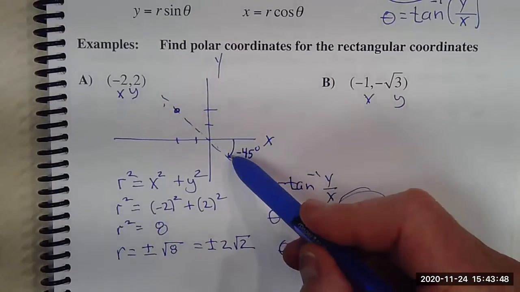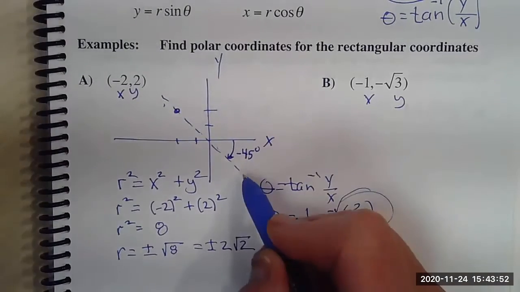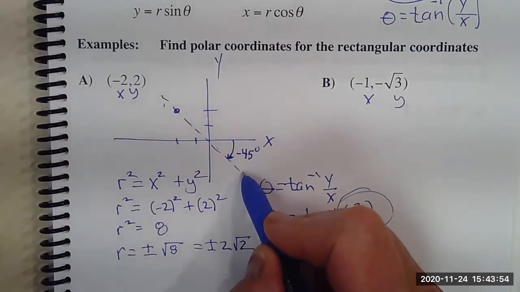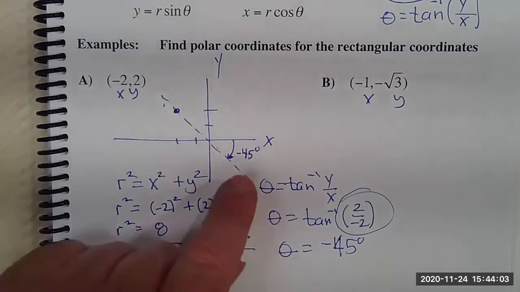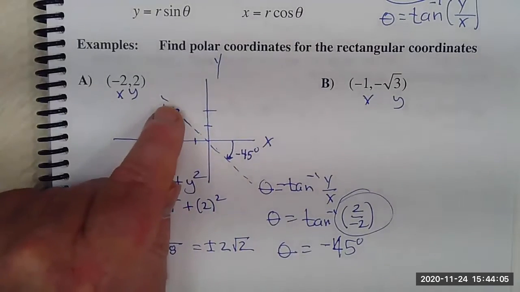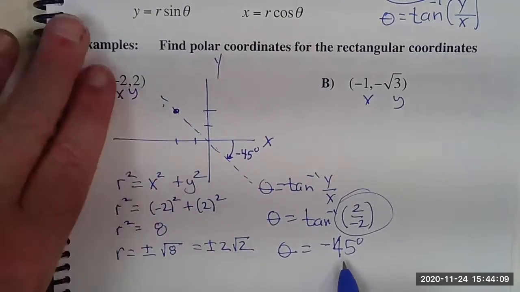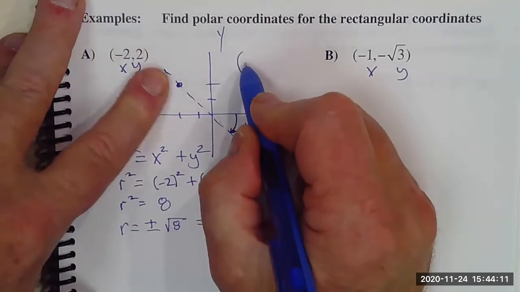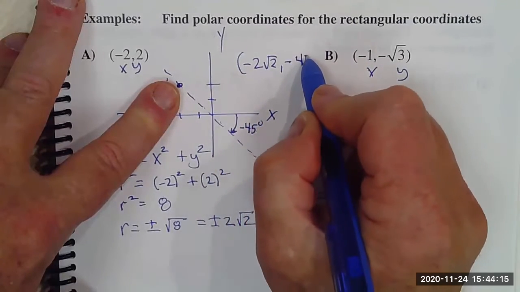Okay, you're right here, but I want to be over there. I don't want to put my dot, whatever the r is, over here. I want it over here. Don't do the 2 root 2. Don't do that one. You do the -2 root 2, which throws it across the pole into the other quadrant. So if you're going to use this, you've got to go -2 root 2 and use the -45 degrees.